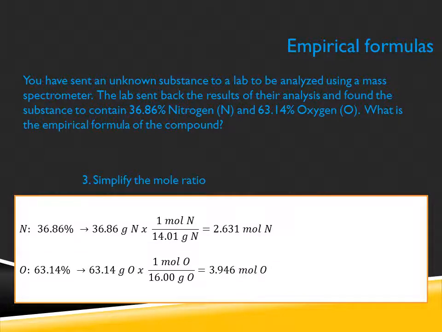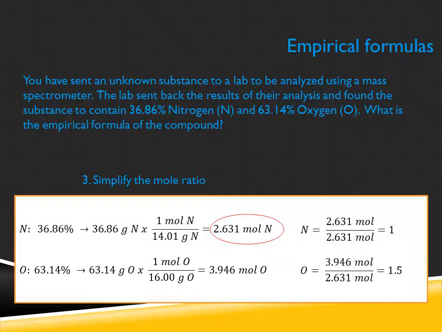We then use the smallest number of moles, which is 2.631 in this case, and divide each by it to obtain the mole ratio for each element. Nitrogen, since it's divided by itself, is going to be 1. And for oxygen, you take 3.946 divided by 2.631, and you should get 1.5 as your mole ratio.